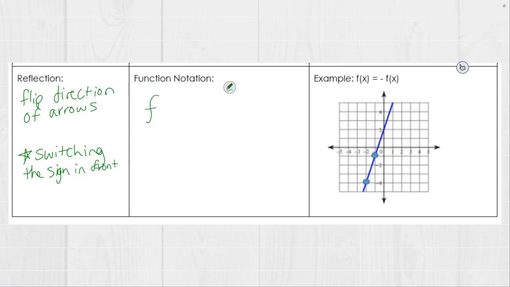So if my original f of x was x, then it could be f of x with a negative in front, or vice versa. You could be taking away the negative.